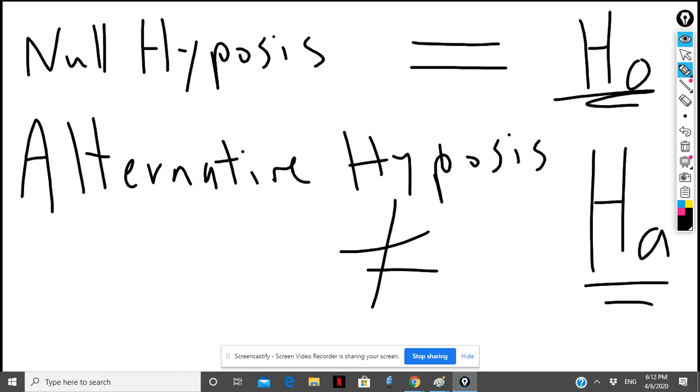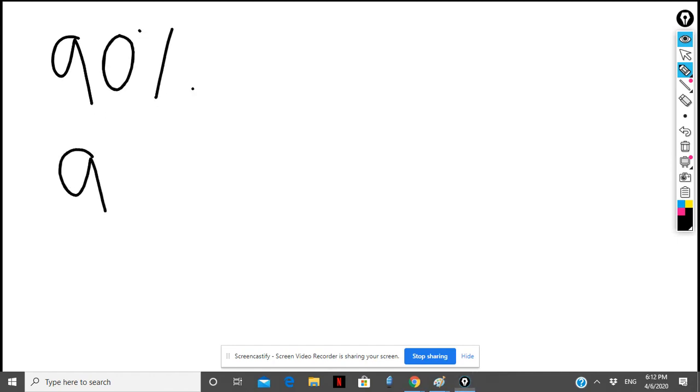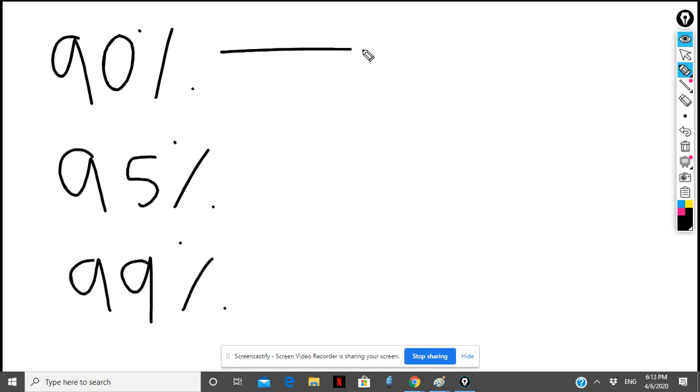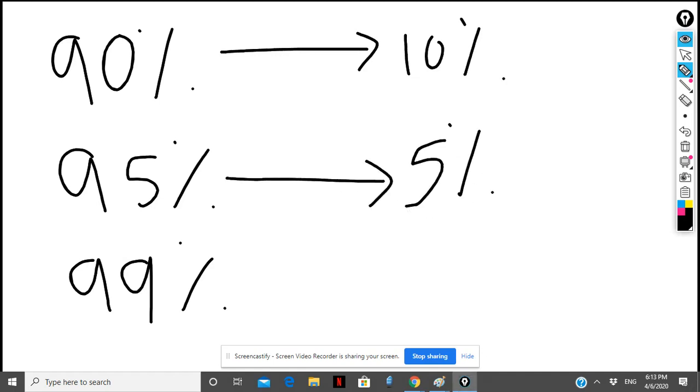If you remember when we talked about the confidence interval, we have three types of certainty. I have 90% sure, 95% sure, 99% sure. What does it mean? I still have 10% I'm not sure, 5% I'm not sure, 1% I'm not sure.